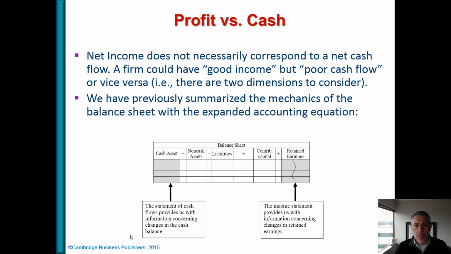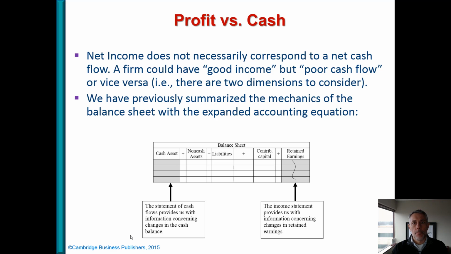Profit versus cash. That matching principle can create some mismatches, because when we match those expenses to those revenues, we're not necessarily matching cash on cash. That's why we complement the income statement with the statement of cash flows. Those two financial statements really give us a full picture of the expenses that it took to generate the revenues, and then the cash flow statement tells us when those expenses were incurred.